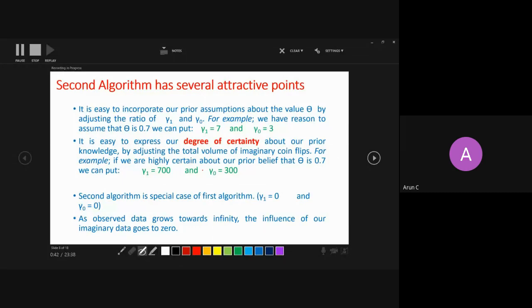What you can do, because you have grown up and are 20 to 25 years old, is feel from your life experience that most coins you have seen are unbiased. So one of you may think it is an unbiased coin, and I want to add my belief to this experiment.